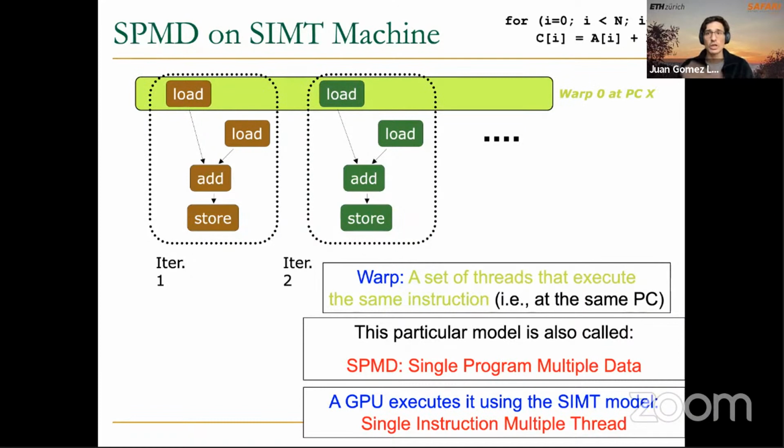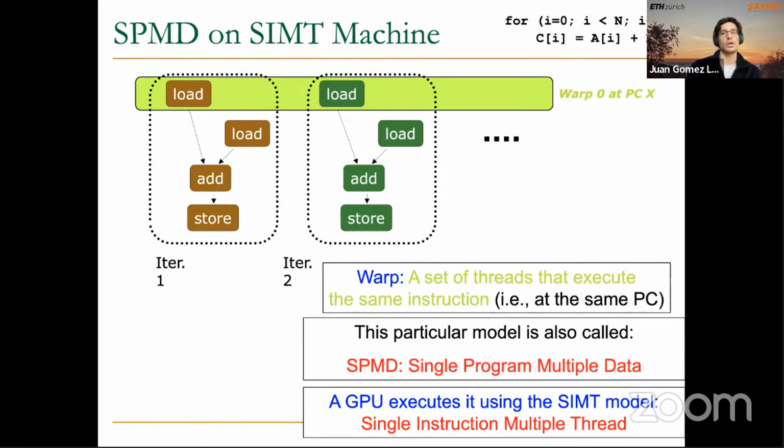Instead of talking about vector instructions or SIMD instructions, we are going to talk about instructions that correspond to warps. What is a warp? A warp is a collection of threads. In NVIDIA architectures, it is 32 threads. So it's a group of 32 threads that execute the same instruction at the same time, as if they were 32 vector lanes of a vector processor, right?